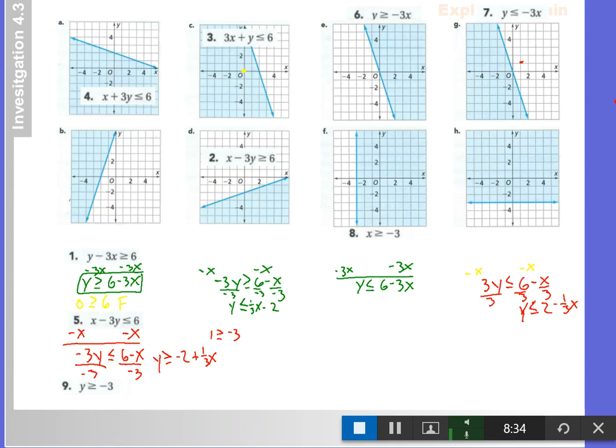It's right here. Because everything above, or look, greater than negative 3, is shaded here. And for my last one, we have y is greater than negative 3. That's this one here. All right, so let's double check.